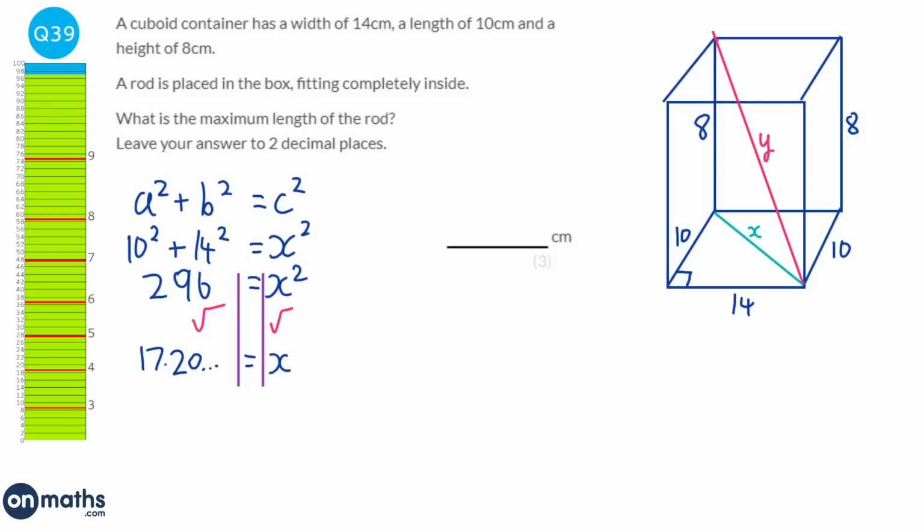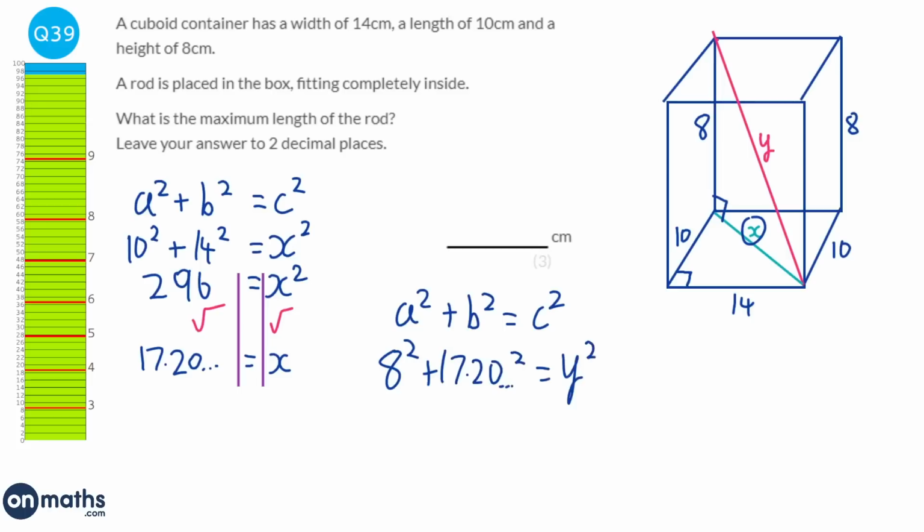Now I'm going to keep that value in the calculator itself because I'm going to use that to find out what y is, our diagonal. So the next thing we're going to do is, we know what this is, and this creates a right angle triangle here, and so we're just going to do exactly the same thing again. A squared plus b squared equals c squared. Our a is 8, so 8 squared plus, and then we've got 17.20 blah blah blah squared equals, and then we're looking for y, so y squared.